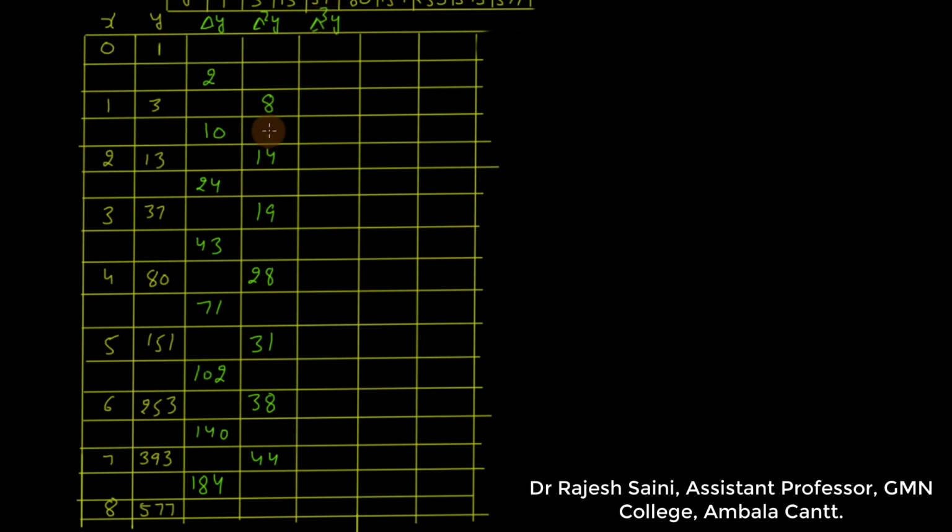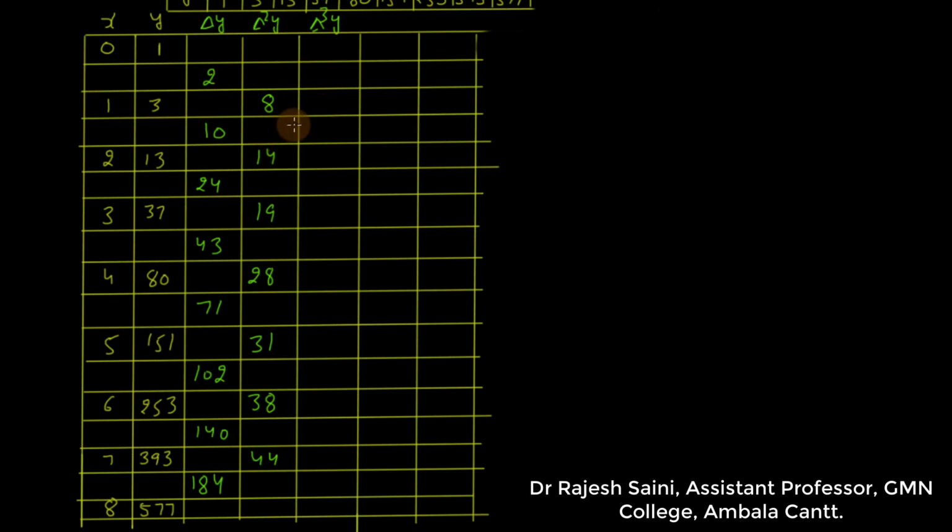Where do we have to stop? We will sum up these. This sum should be minimum or 0. But as of now, no sum is minimum or 0. This is a very large sum. This would also become a very large sum. So we have no option but to move to the third order difference column.